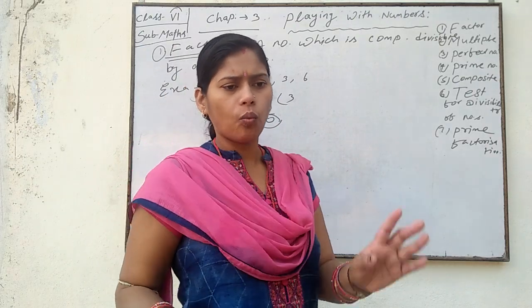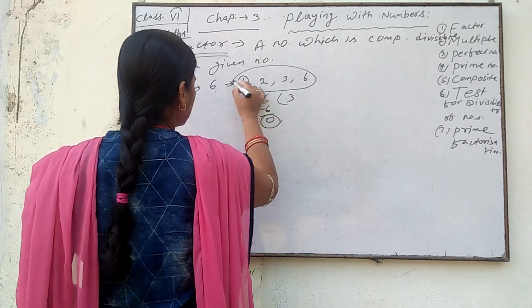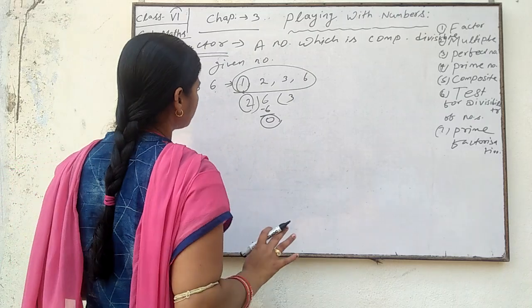Not only 2: 1, 2, 3 and 6 are all factors of 6.